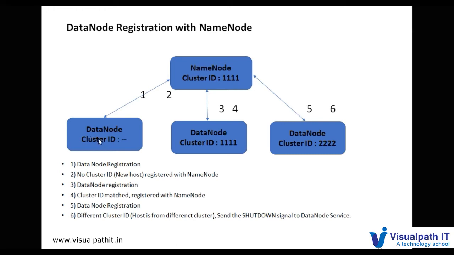If you have one more data node with a different cluster ID and try to join it with this name node, it will not join. It will shut down.